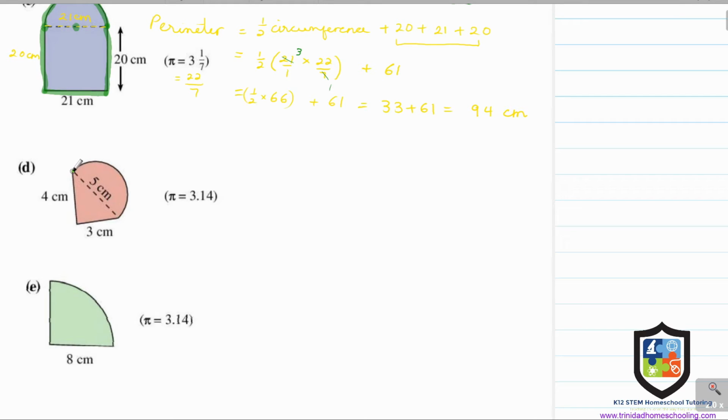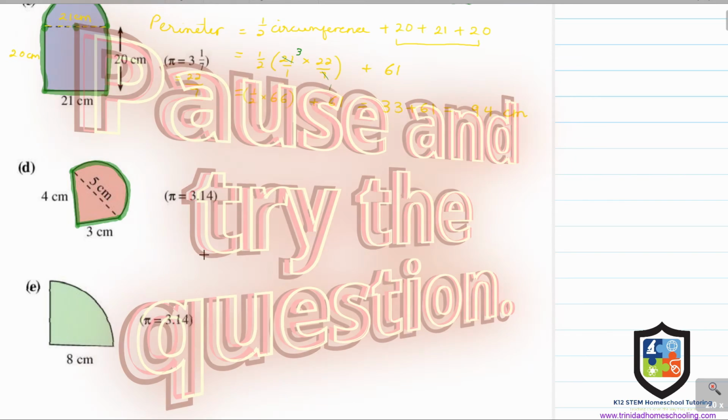This one is made up of half of a circle, a semicircle, and this line and this line. So pause the video and find the perimeter of this shape, and then come back, unpause the video, and view the answer. In this question, they're telling you to use pi as 3.14, and not 22 divided by 7.